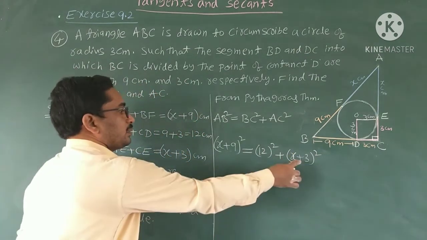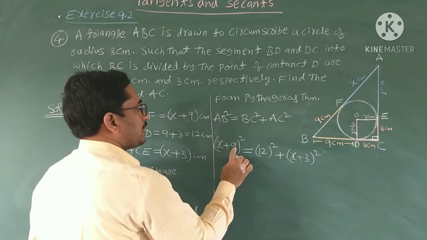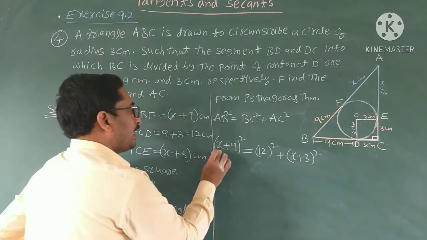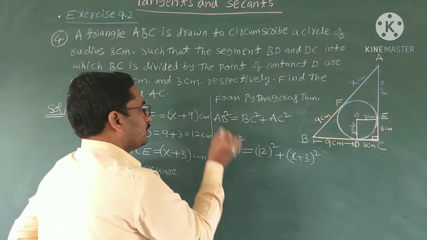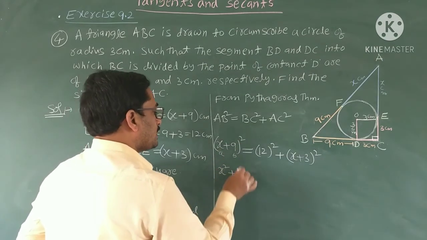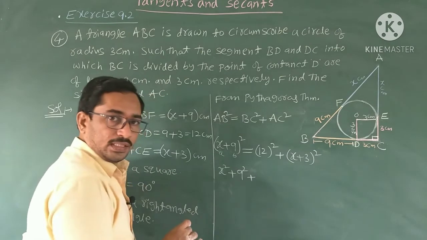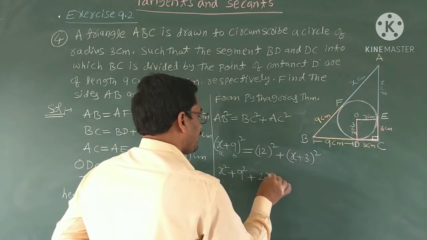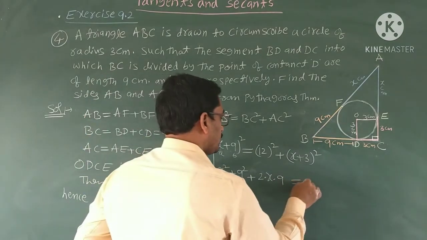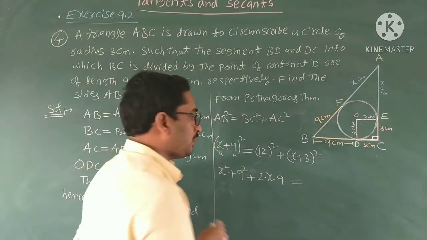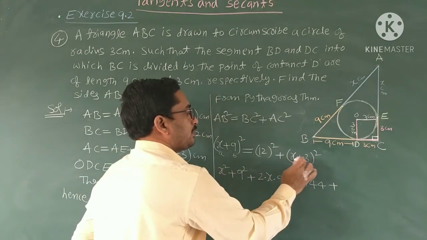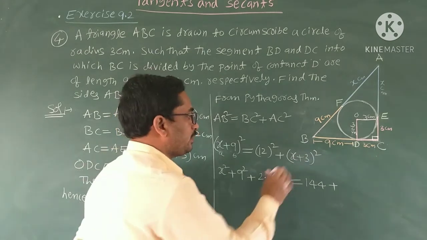Now observe these two terms in the form of a plus b whole square. So apply the a plus b whole square formula. A value x, b value 9. So a plus b whole square is a square plus b square plus 2ab, 2 into a value x, b value 9, equal to 12 square. 12 square value 144 plus again the same a plus b whole square expansion.